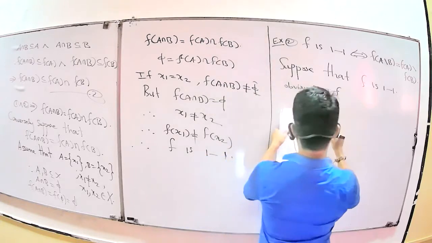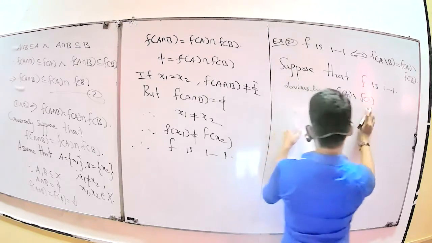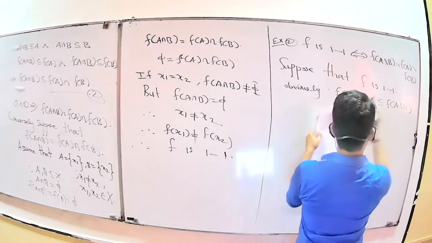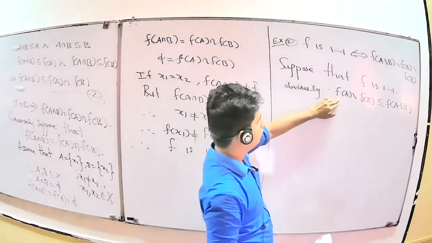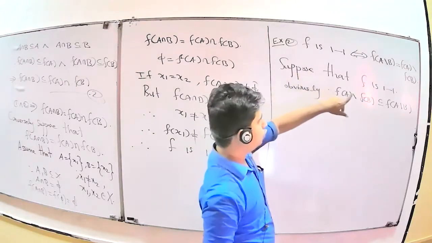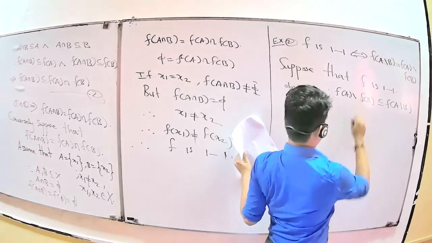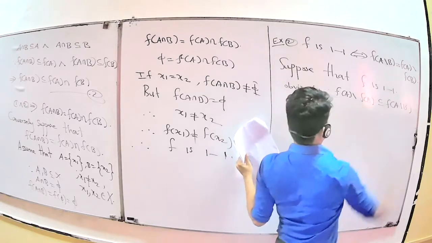If we can prove that f of A minus f of B is a subset of f of A minus B, for this one there is no condition needed, right? Suppose f is 1 to 1, you want to show the remaining part, that means f of A minus B is a subset of f of A minus f of B. For that, then only we can say that it is equal, right?